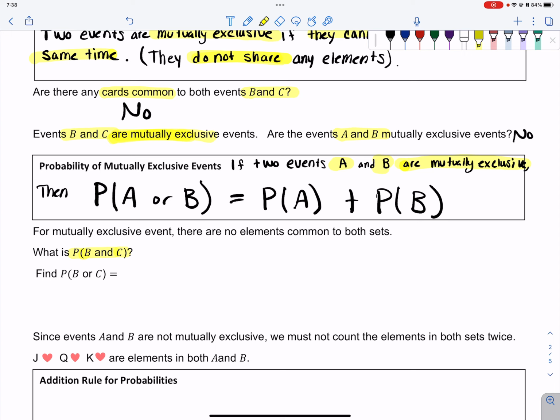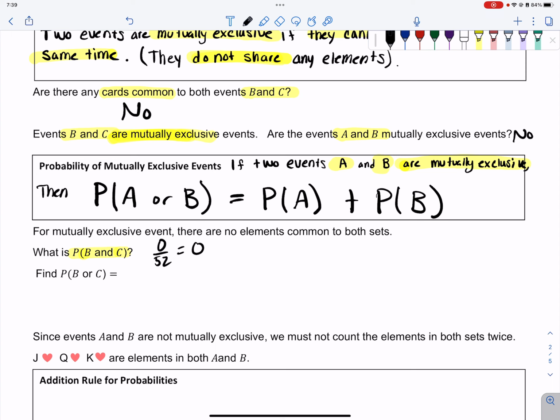I specifically want B and C to happen at the same time. Well, our intersection is 0 cards out of the 52, which is just 0. It's impossible. We can't draw a face card and a black 2, 3, or 4 at the same time in that one card that we get.